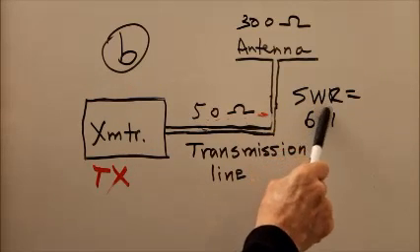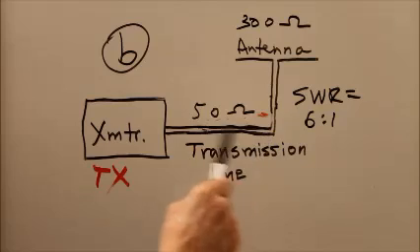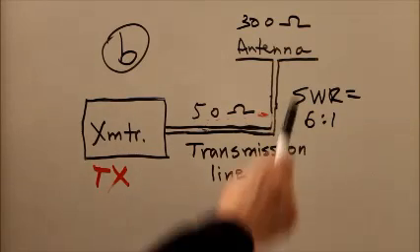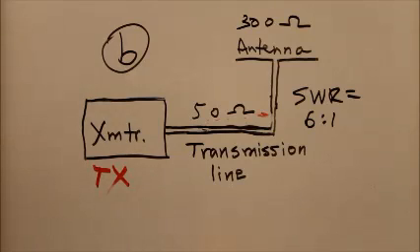The increased standing wave ratio means that the current and the voltage on this transmission line are such that the current loss in the conductors is greater than it would be if the antenna were perfectly matched, and the dielectric loss in the transmission line is also greater than it would be if we had a perfect match. And those power losses actually manifest themselves as heat in the transmission line. So that is real power, or true power.